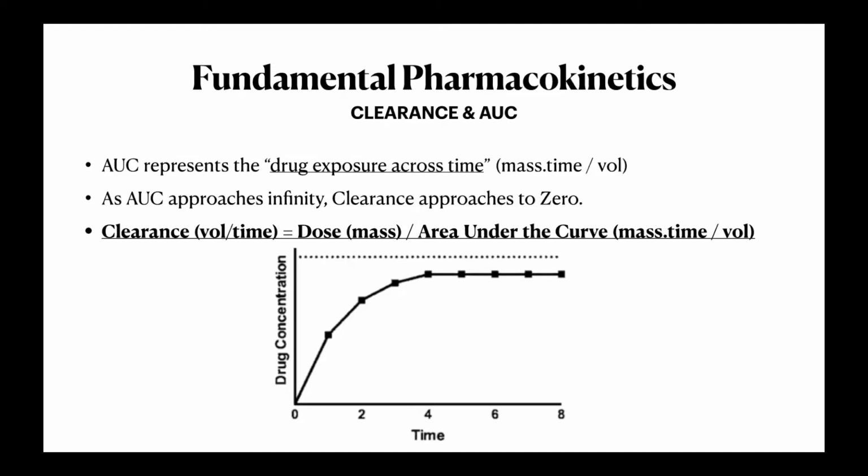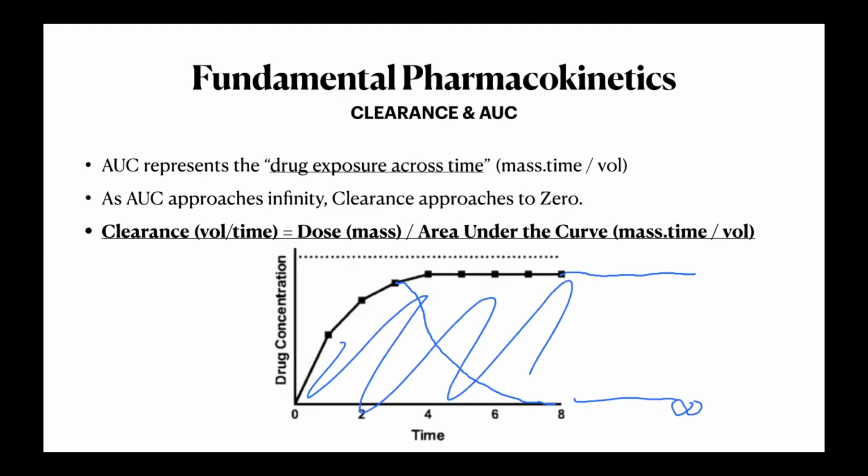And theoretically, that can actually be more than the actual drug that's given. What I mean by that is, if you look at the graph below, normally for a drug that you give as a bolus, it should look something like this, where it'll come down. But if the clearance approaches 0, this curve will just continue on as time reaches infinity, and the area under the curve will reach infinity.